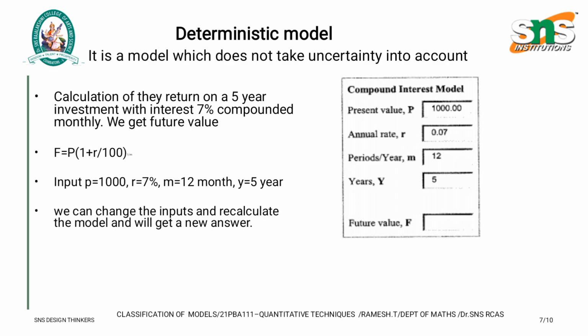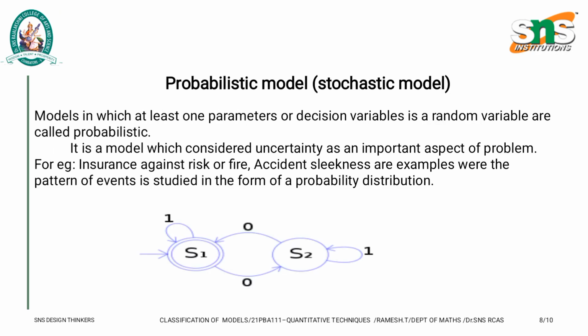So we put it in, and if the interest and the duration or the principal change, we get the value of the compound amount. So everything is determined. Therefore, this type of model is called a deterministic model.